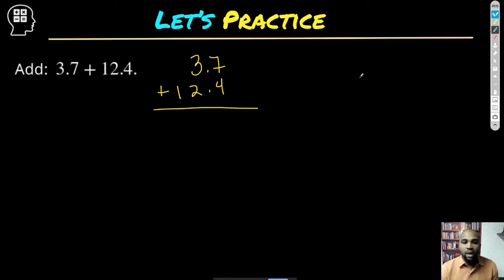And we're going to add these up straight as they are. Now, if you want to put a zero here, you can. It's not going to change the value. It's not common to do that, but you could just visually do that. 7 plus 4 is going to give us 11. 3 plus 2 is 5, plus 1 is 6. And then there's just 1 there. I'm just going to bring this decimal straight down to give me my final answer of 16.1.